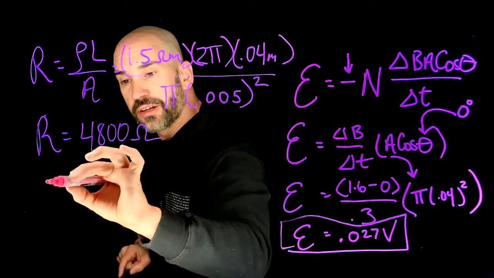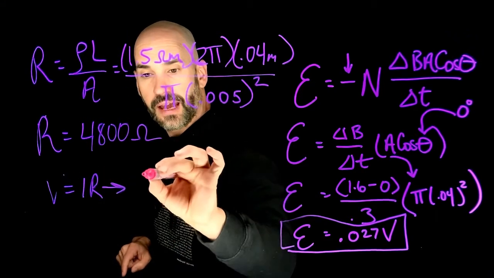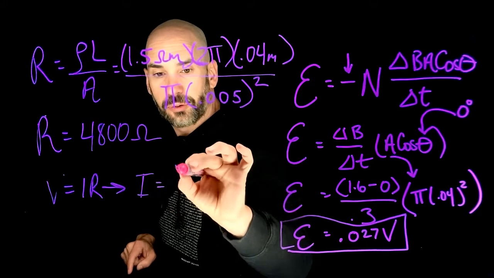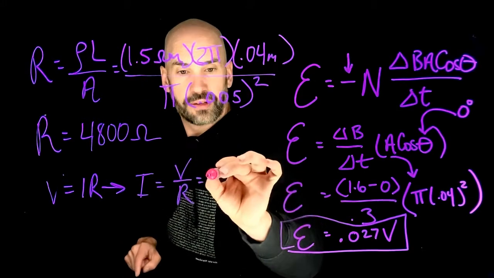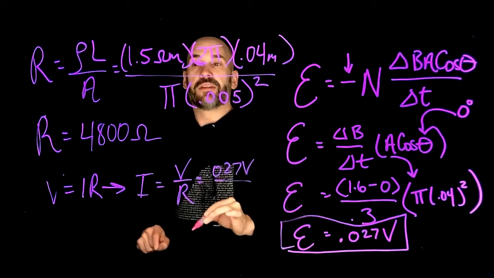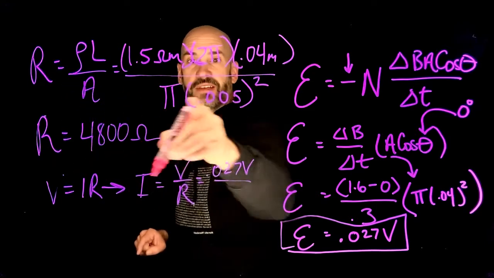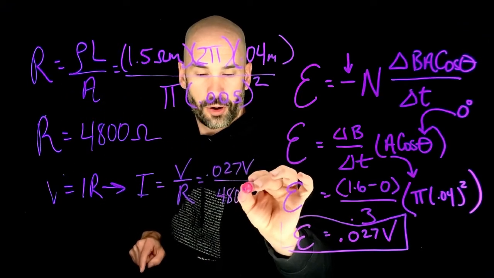And if we want to find the current then, using this induced EMF, we simply use Ohm's law, just like we did in the last exam. We say that I is equal to the induced EMF over R. The induced EMF is 0.027 volts, and the resistance is 4,800 ohms.